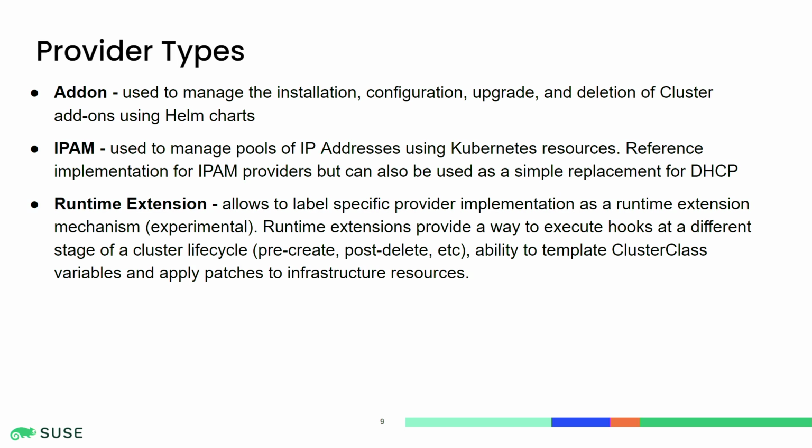Runtime extensions, those probably come in some more deeper level CAPI use cases where it uses cluster classes. So you can inject some variable definitions, patches for your template before provisioning the cluster.